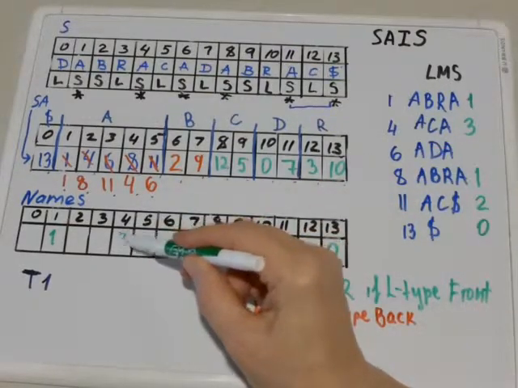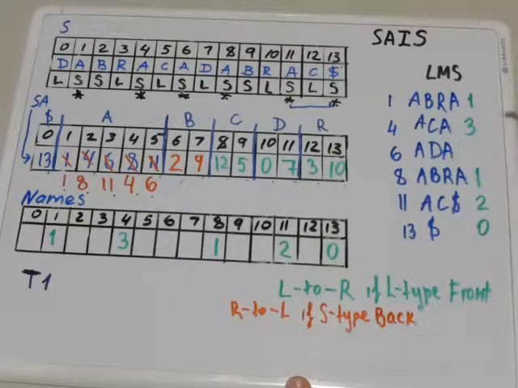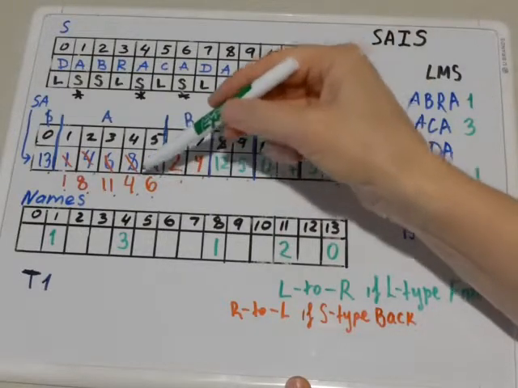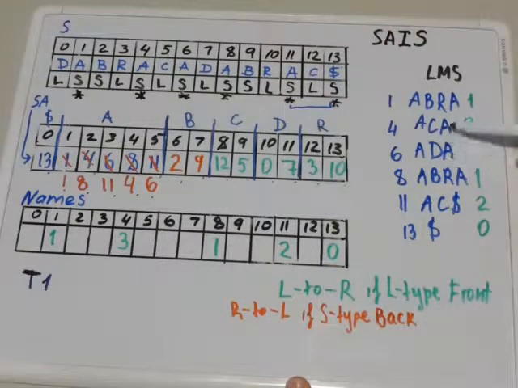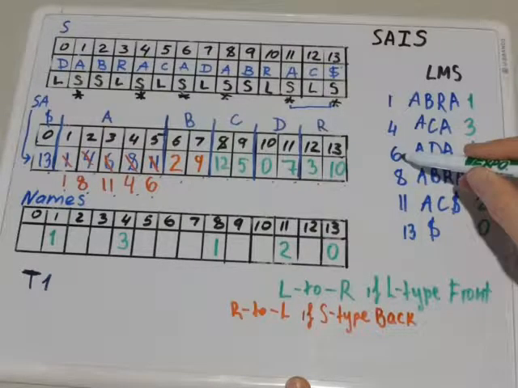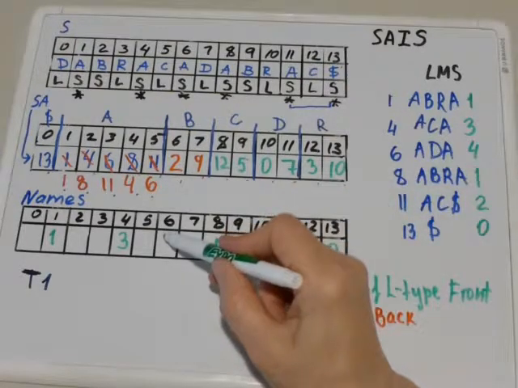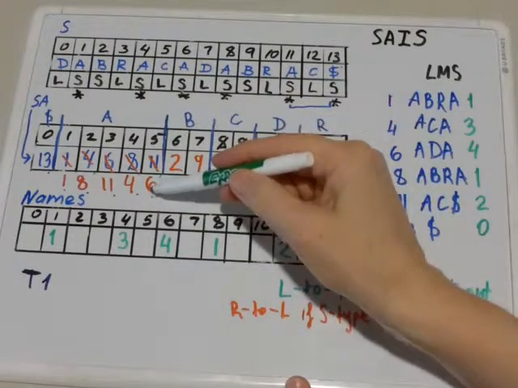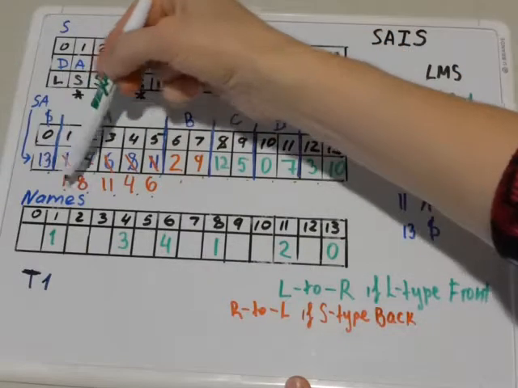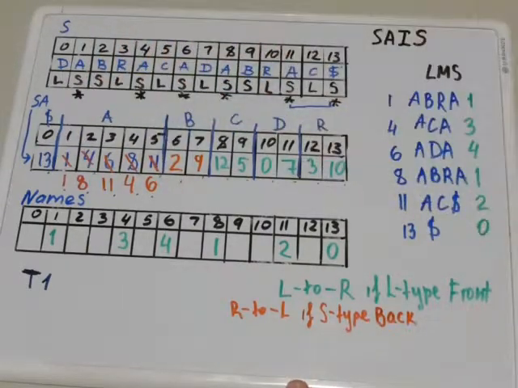Next LMS substring is 6, compared with LMS substring at 4. 6 and 4 are different, so we assign LMS substring ADA the next available name, which is 3 plus 1, which is 4, and that name goes into position 6 of array names. We are done assigning names to all LMS substrings.